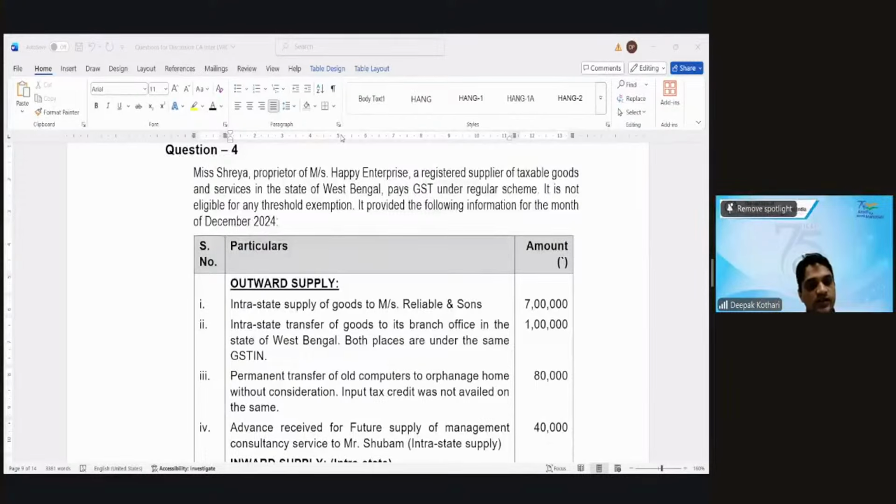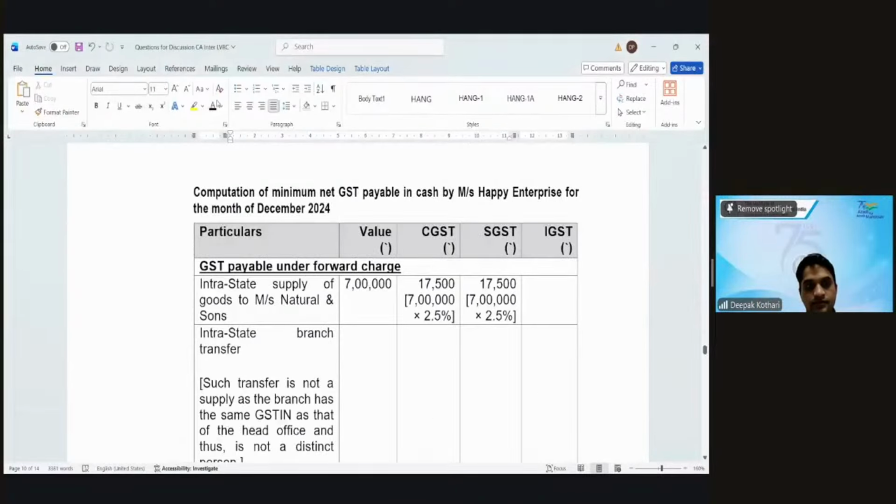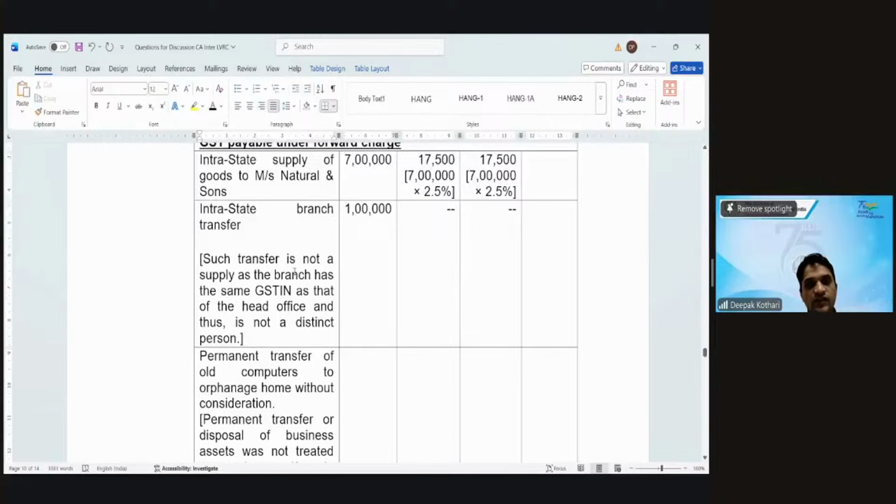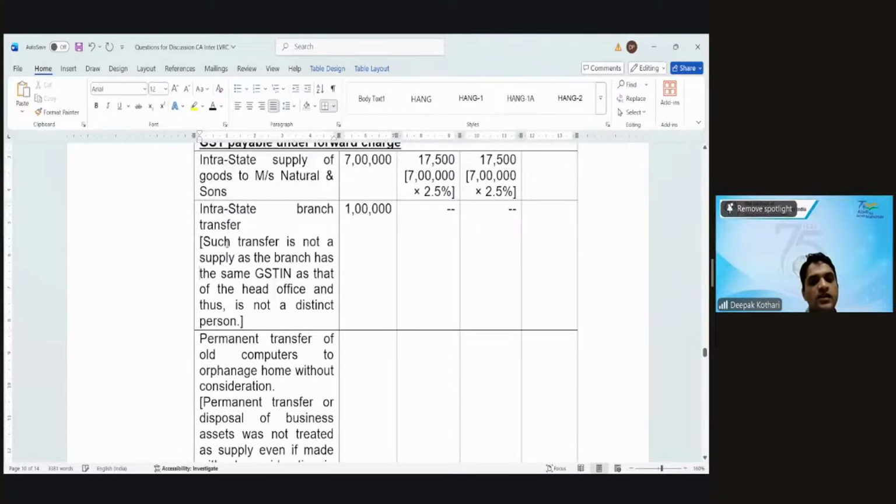Correct. Not taxable since registered under the same GST and therefore there is no distinct person. Very good. Stock will come as a value, but GST will not charge anything. Such transfer is not a supply as the branch has the same GSTN number as our head office and thus it is not a distinct person. Very good.